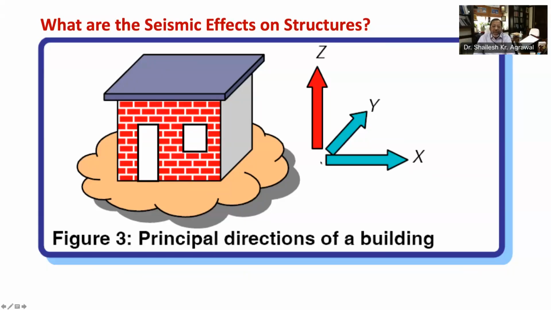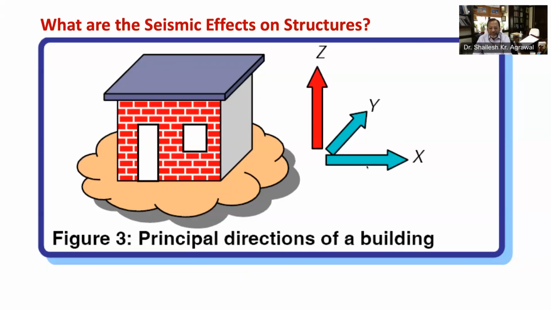However, the horizontal shaking, which takes place in X and Y direction, remains a concern. Structures designed for gravity loads in general may not be able to safely sustain this horizontal force due to horizontal earthquake shaking, and therefore it is necessary to ensure adequacy of structure against these horizontal forces due to earthquake.